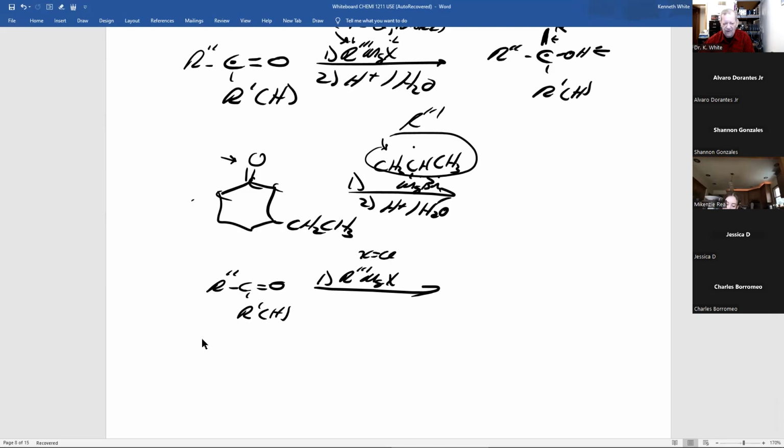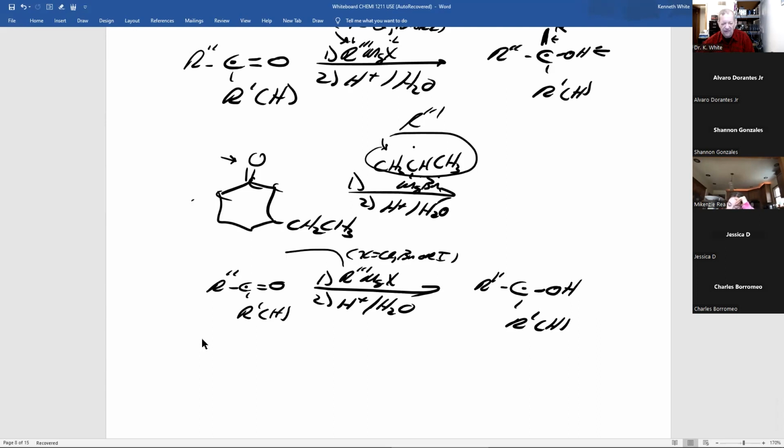Remember, X can be chlorine, or in our case, bromine, or iodine. Second step, acid and water. Keep your eye on the carbonyl carbon. That's where the fun is. And what's attached to it, our prime or hydrogen, and our double prime is still there, hydroxyl group.